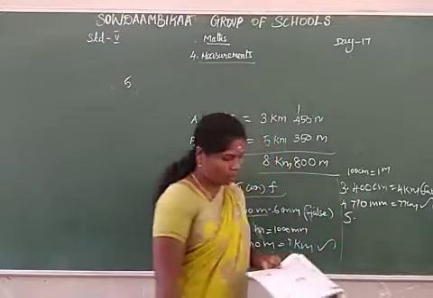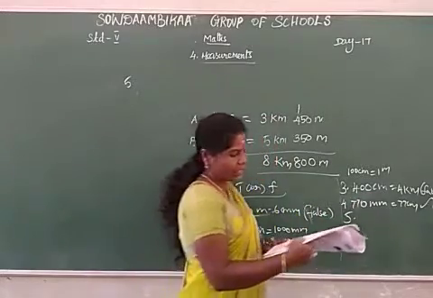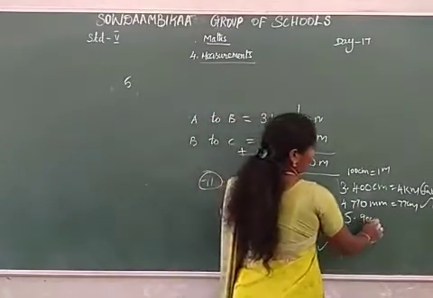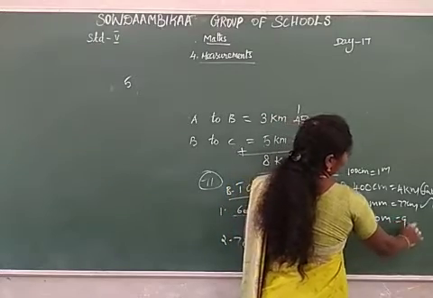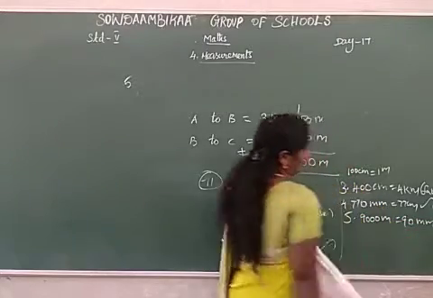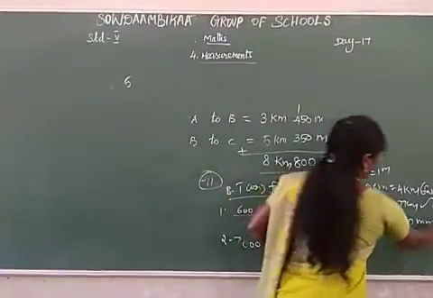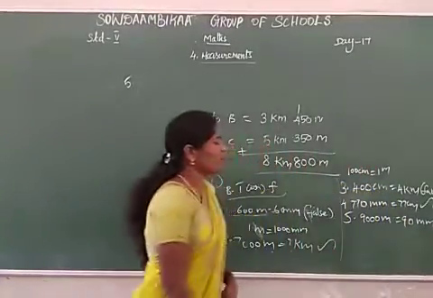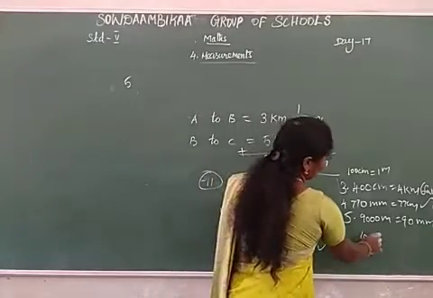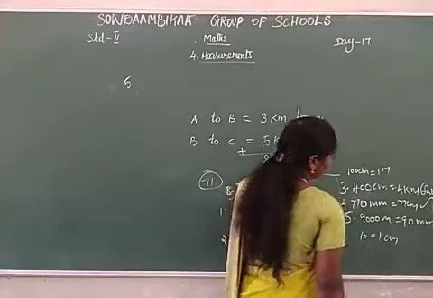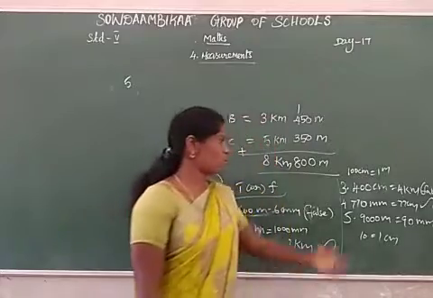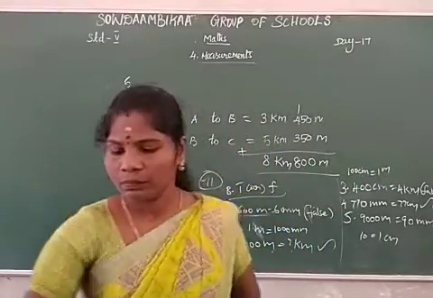The next, fifth one, 9000 meter is 90 millimeter. False. Okay. Because 10 millimeter is equal to 1 centimeter. The conversion is too long. So the answer is false.